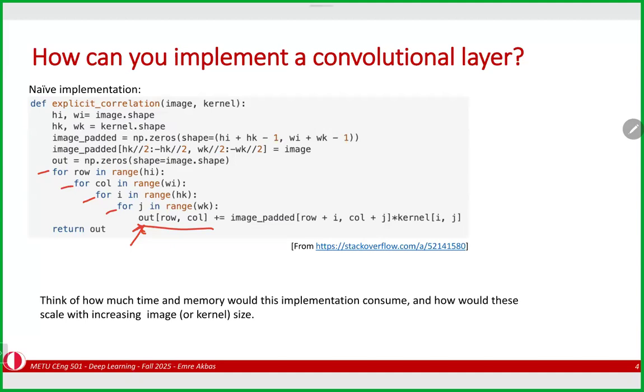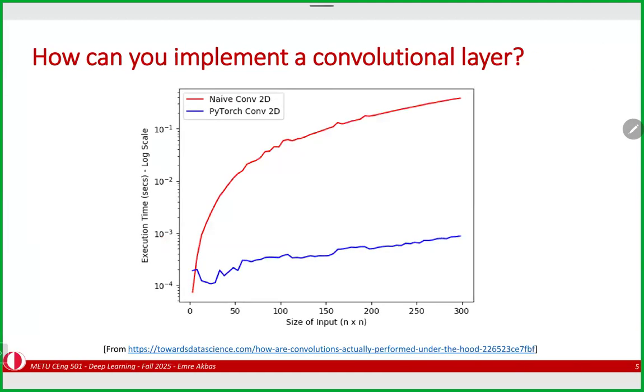But when you compare the execution time of this naive implementation that I showed you, the red plot is the implementation from the previous slide, and the blue plot is PyTorch Conv2d. The x-axis is the size of the input, n by n, the size of the input image, let's say.